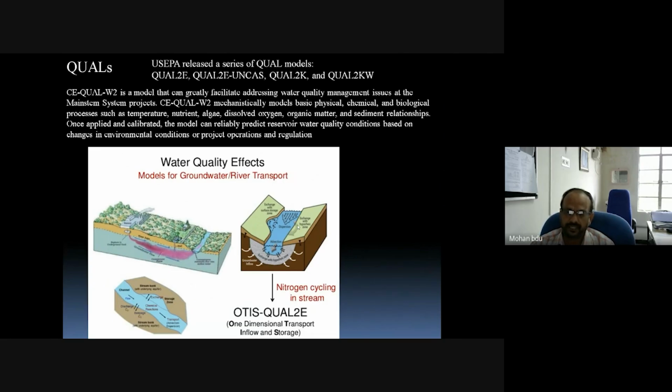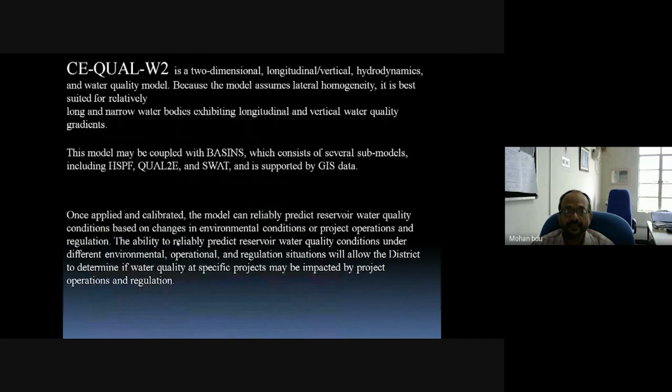So even in the reservoir, you can apply this model, and we can find out the transport of pollutant and dispersion of pollutants. For example, in nitrogen, what is the nitrogen and how does it disperse? Different pollutants will have different kinds of transport depending upon their chemical and physical characteristics.